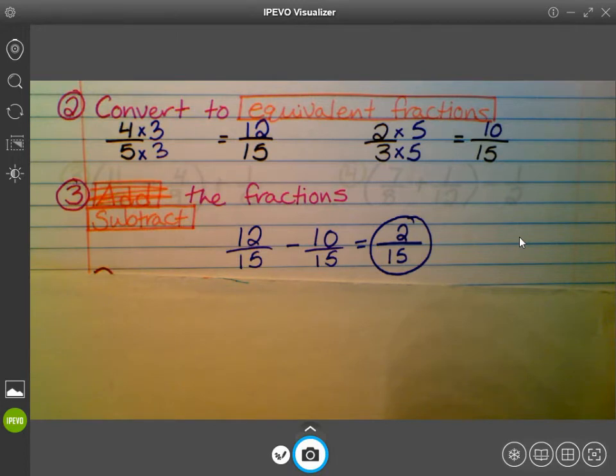On a scale of 1 through 5, show me, how do you feel about subtracting fractions? On a scale of 1 through 5, how do you feel about adding and subtracting fractions? Awesome. Okay, hands down. We're going to have some practice problems, then you're going to have homework work time.